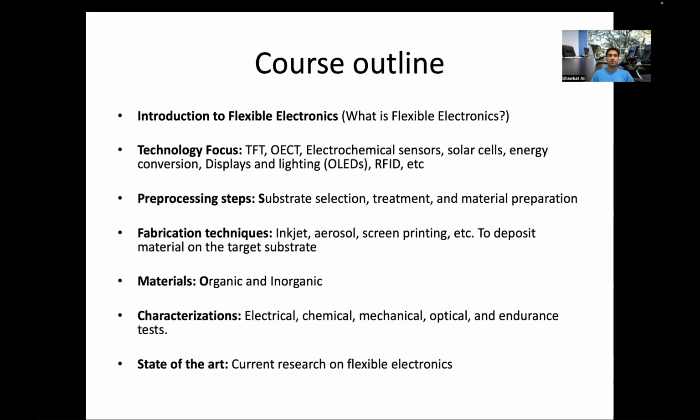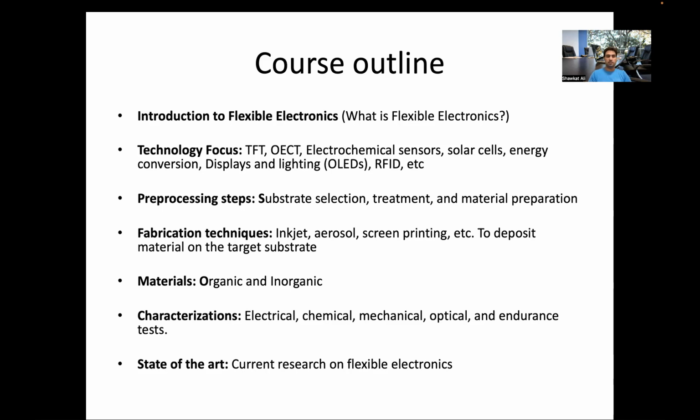So for fabrication of the flexible electronics, we have a variety of techniques like inkjet, aerosol, screen printing, etc. The aim of these technologies is to deposit the material precisely on the target substrate so we can make some kind of devices, circuits, and thin films.